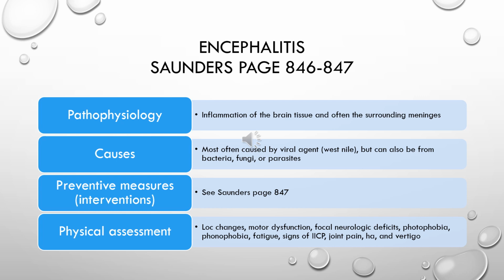In your Iggy book on page 884, there is a chart that talks about some preventative measures protecting the patient and the family from West Nile. It talks about limiting your time outside between dusk and dawn, wearing protective clothing like long sleeve shirts, using insecticides, checking your windows and doors so they can't get in, and keeping stuff around pools and hot tubs cleaned up, because they're attracted to water.